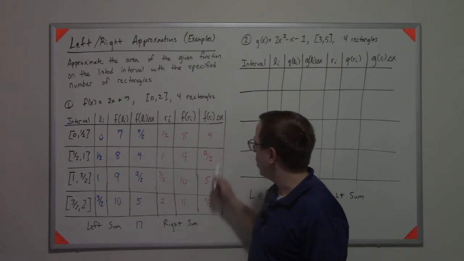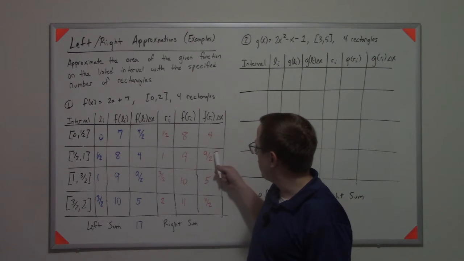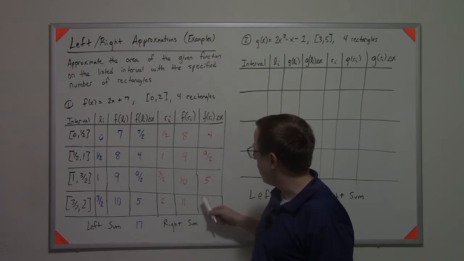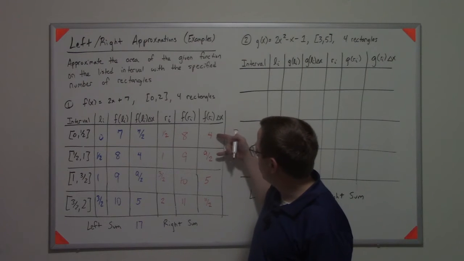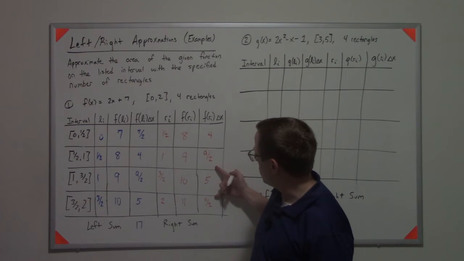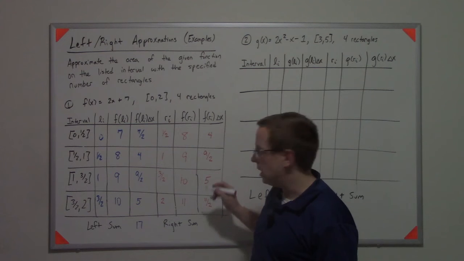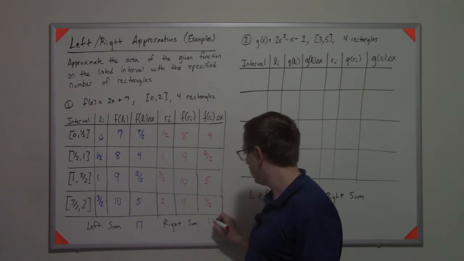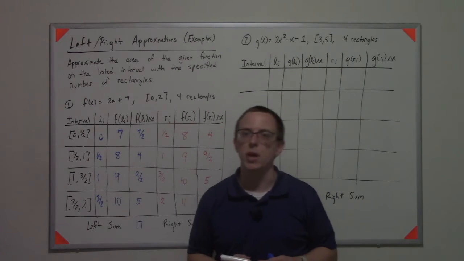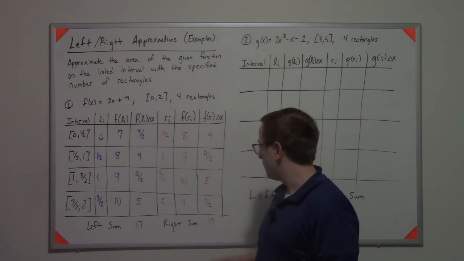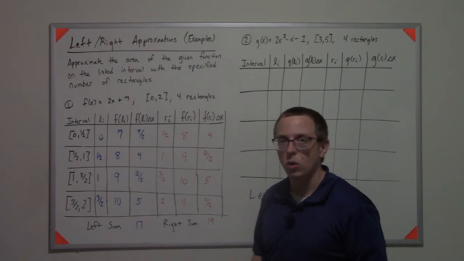When we add that up, that's 17/2, 27/2, 38/2, which is 19. So the right sum is indeed larger than the left sum.